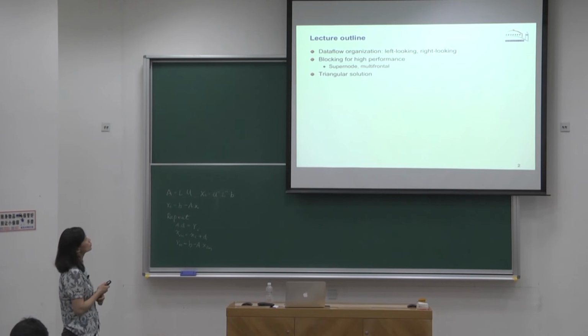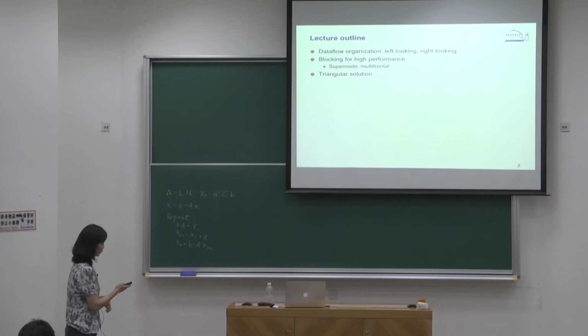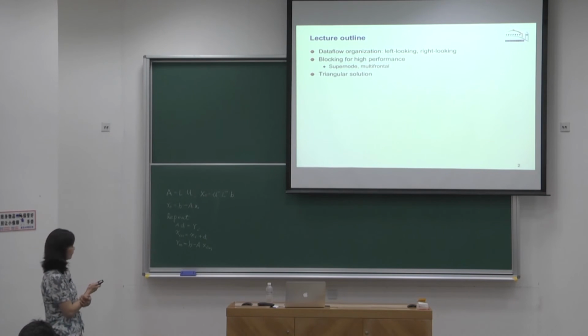We don't do one column at a time. We try to find something called a supernode, which is a dense submatrix, so that your numerical kernel is not only level 1 BLAS, like SAXPY kind of operations, but you can increase the BLAS level by using supernodes to call GEMM, so then you can get much better performance. Then we'll talk about sparse triangular solution.